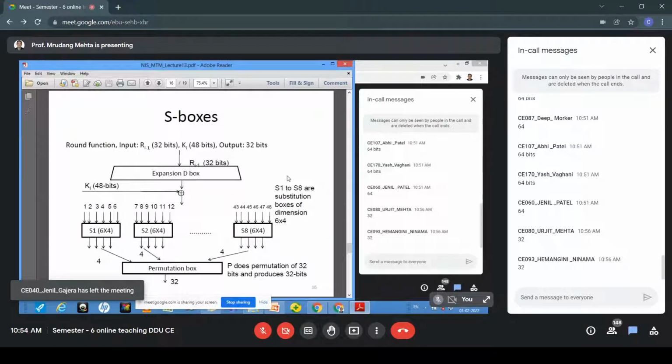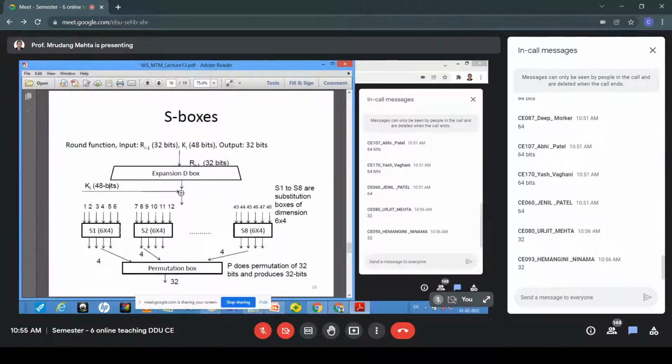Okay. Now we see what these S boxes are. First there is the expansion P box. We have 32-bit, and that is converted into 48-bit because our key size is 48-bit. So first we convert this 32-bit into 48-bit, and then we perform XOR. That XOR results in 48-bit, and that 48 with the help of the S boxes is again converted into 32-bit. Okay. So a substitution box is of 6 cross 4.